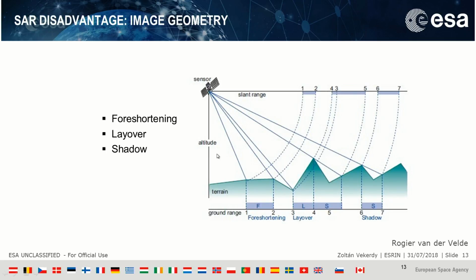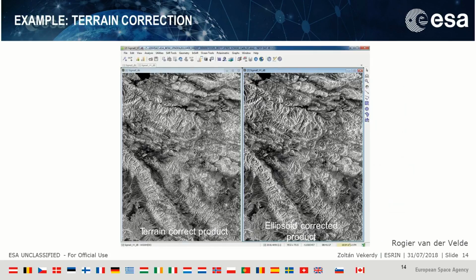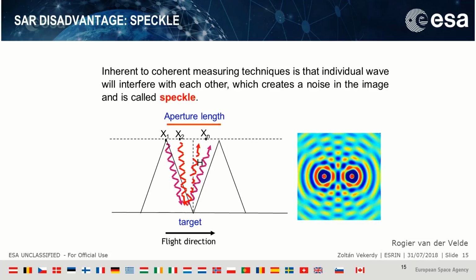So this geometry has to be corrected before you calculate the soil moisture. I don't know whether it is expressing well enough, but here you see geometrically corrected and geometrically less corrected images.